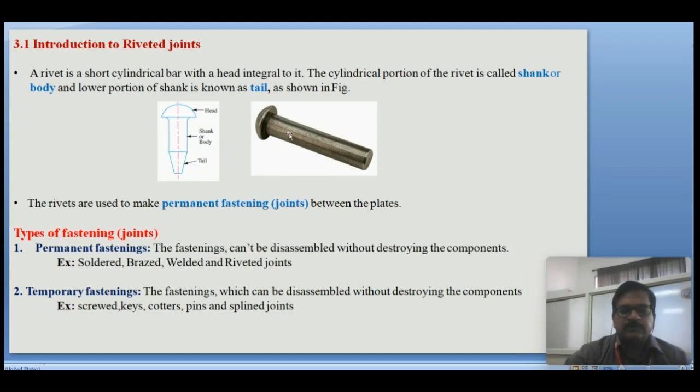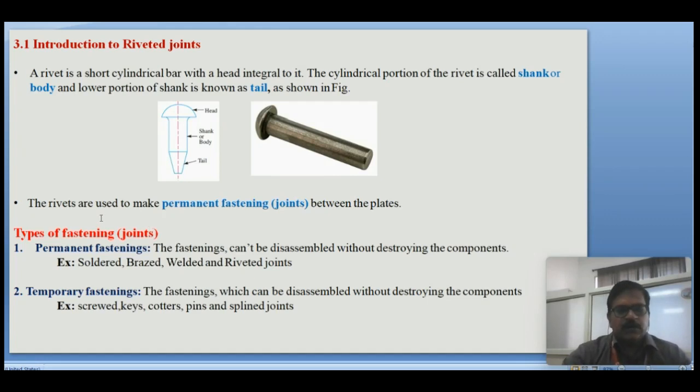This rivet is introduced into the holes drilled into the plates, and this tail portion is transformed into a head portion, similar to the first head, by using the punch and die method.